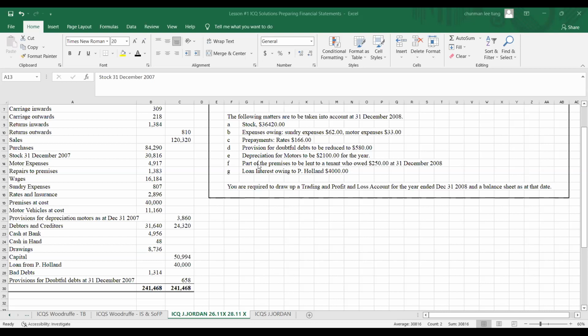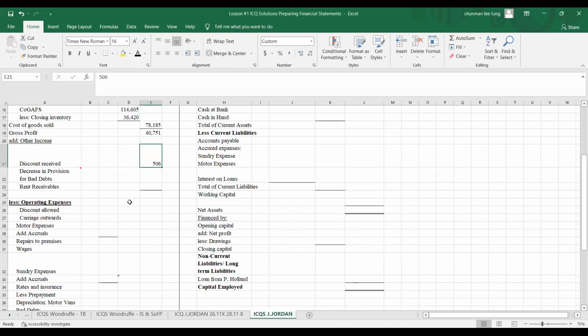Read the sentence again. Provision for doubtful debts to be reduced to 580. The question now is, yes, it was reduced to 580, so it's no longer 658. It went down to 580. So we know there was a decrease. How much did it decrease by? That is what will answer the question. How much did it decrease by? And I'm seeing your answers being $78.